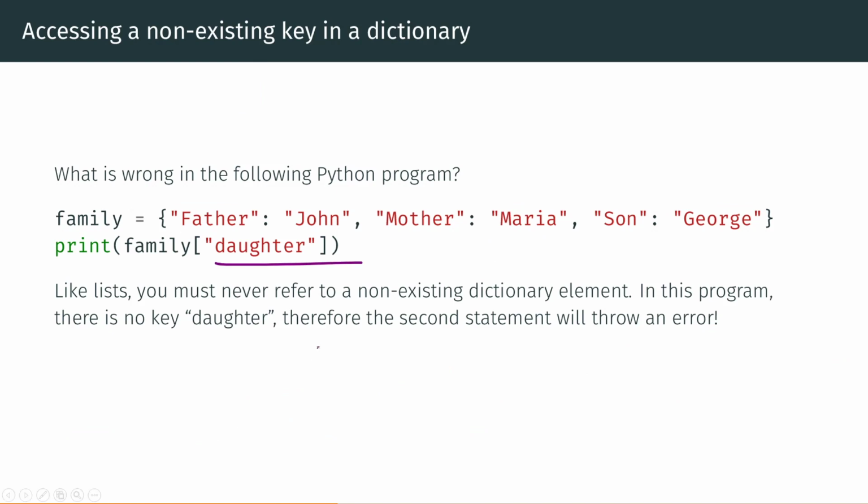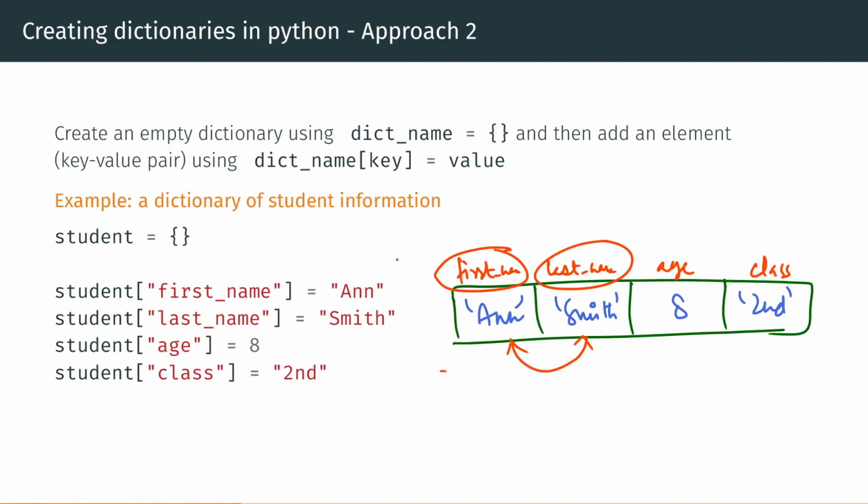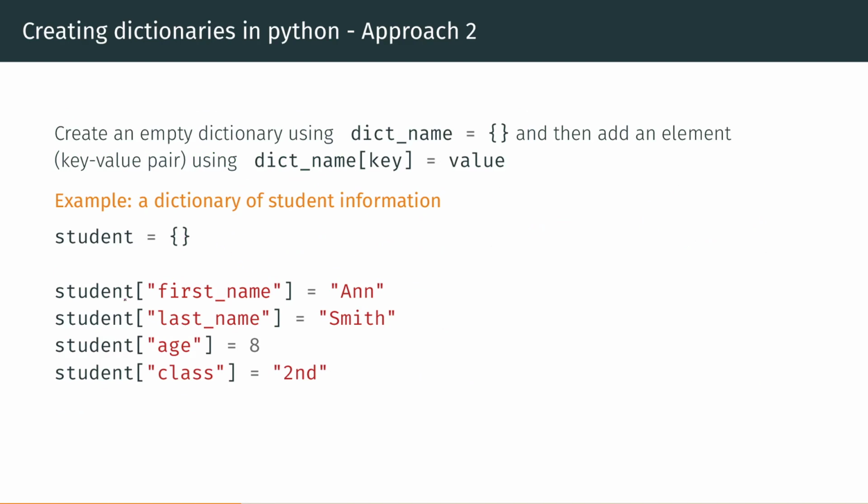However, note that when we talked about creating dictionaries, we started with an empty dictionary, and then we sort of accessed a key that did not exist. Because the dictionary is empty, by definition this key would not exist. But that is okay because this is assignment.